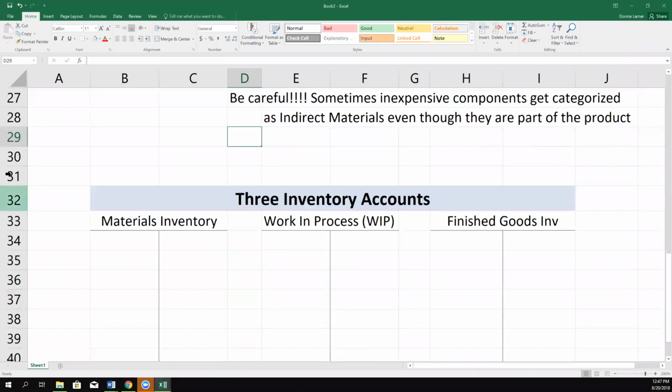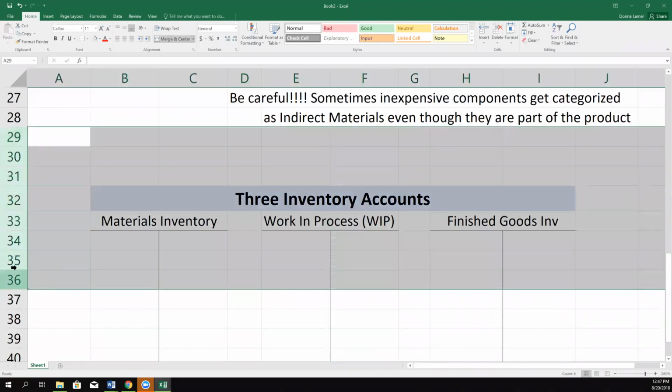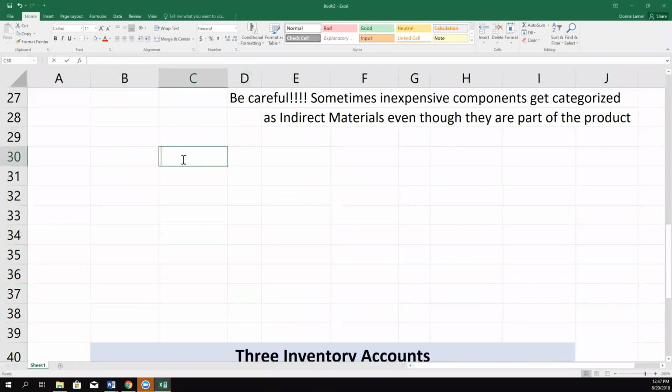Now, what does this mean for direct labor? We also have indirect labor. And following that same pattern, indirect labor are wages of employees that make the products.